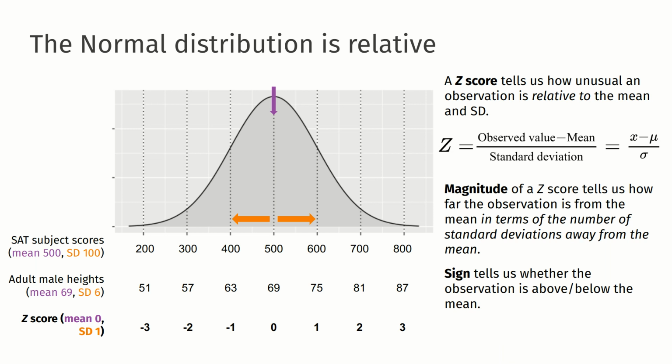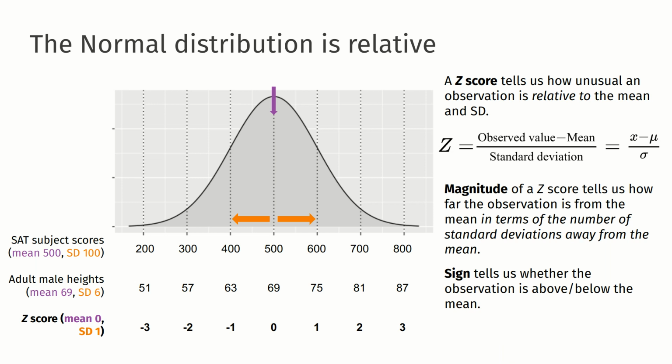On the other hand, if you scored 300 on an SAT subject score, then you would have a z-score of -2, because you are 2 standard deviations below the mean SAT subject score of 500.